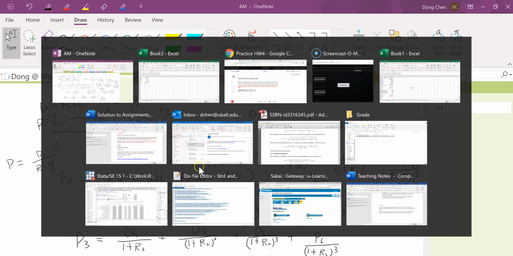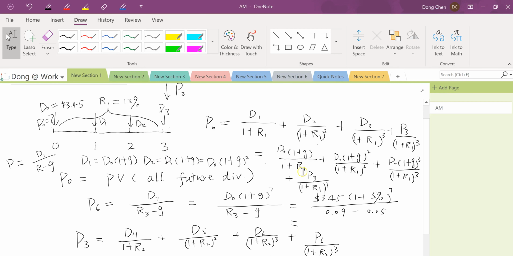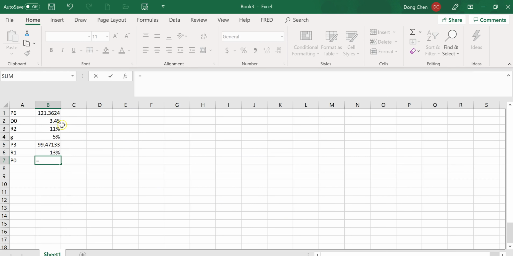Now I can go back to Excel. R1 equals 13%, the only new information. So now for P0, I can just plug in the numbers. D0 is right here, times 1 plus that small g, which is 5%, divided by 1 plus R1, discounting one year back.